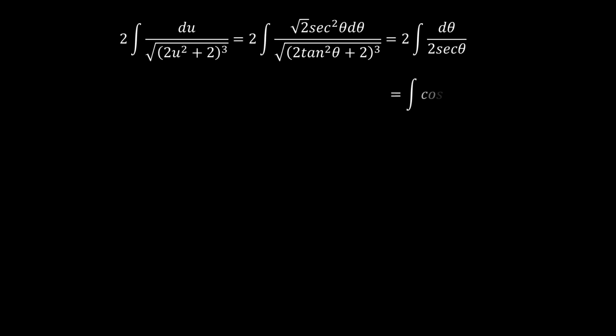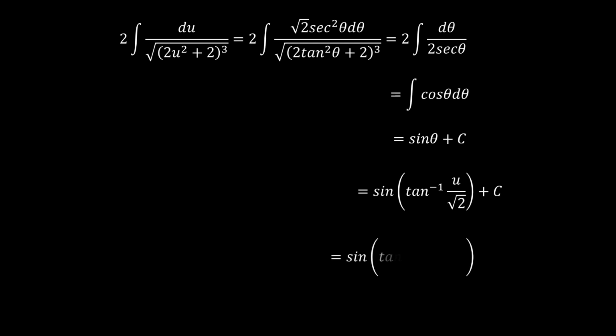And so that integral, the same as cos theta, when you do that, the answer is sine theta. Now we know that u was set to square root of 2 tan theta, so theta is the same as arctangent of u over root 2.